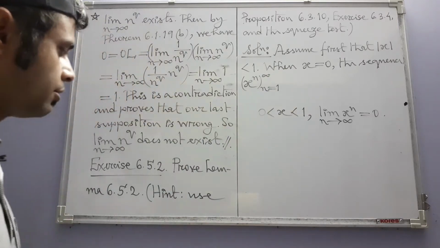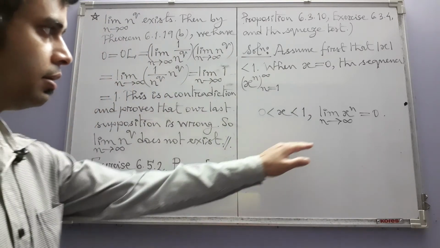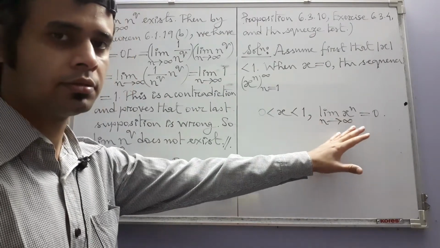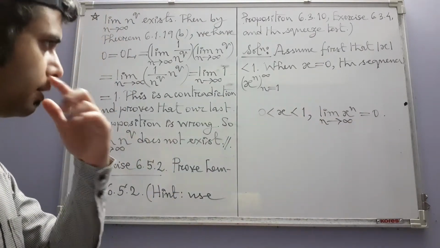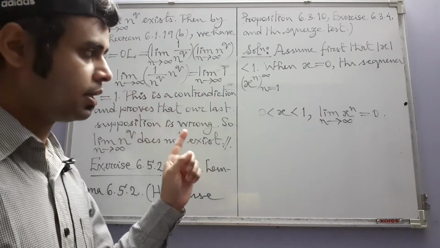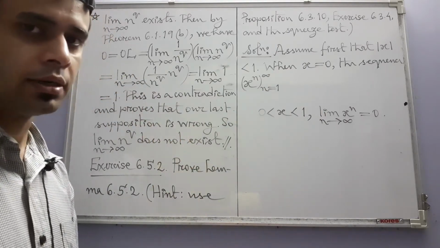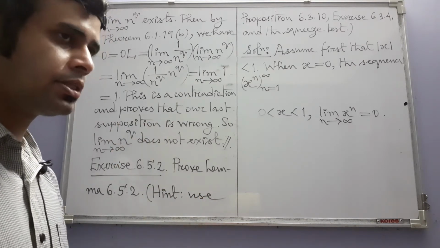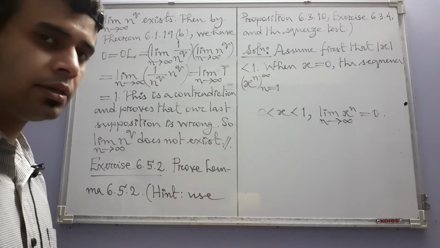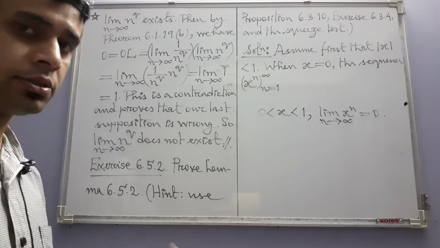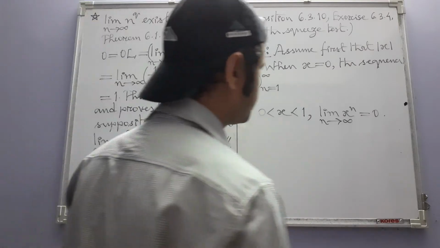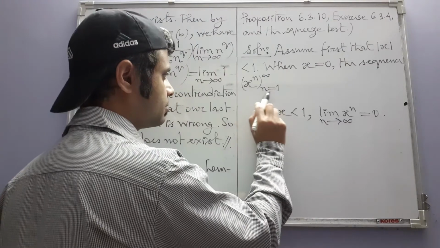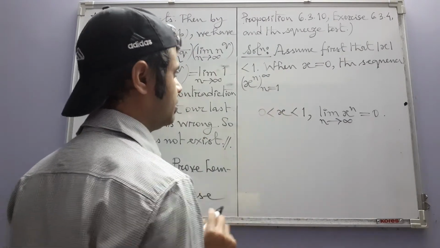Although you see that nothing has been said about where the index starts in this limit of the sequence x to the power n, we already saw before that it does not really matter where the index starts. When the sequence is convergent, that does not matter, and when the sequence is not convergent, that also does not matter. Okay, so we have decided to start the index at 1.